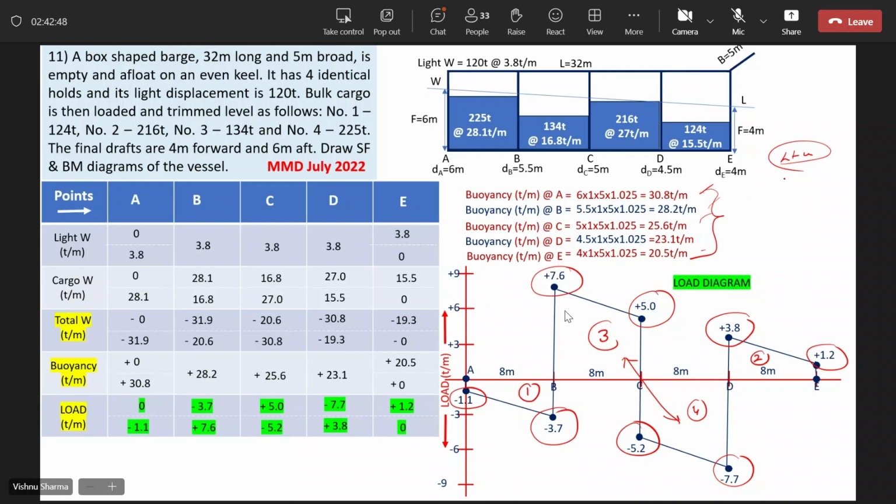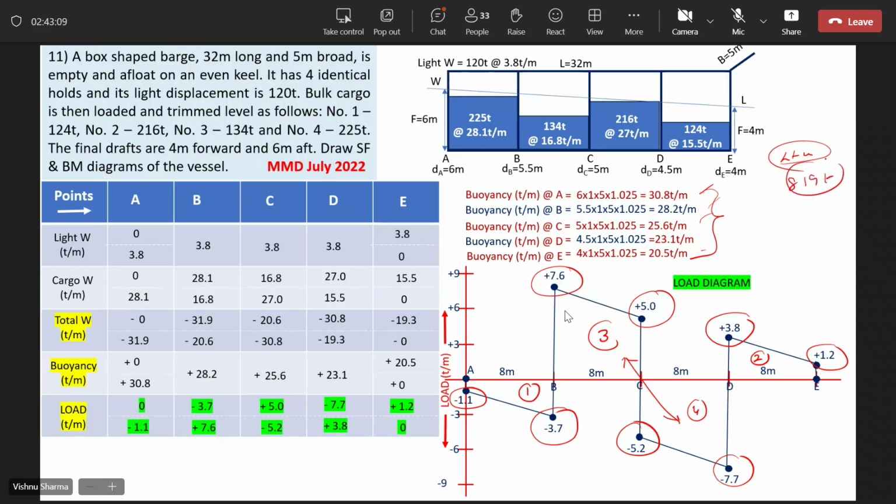Just see. 819. How much is the total displacement coming by adding the weights which are given in the question? 819 tons.